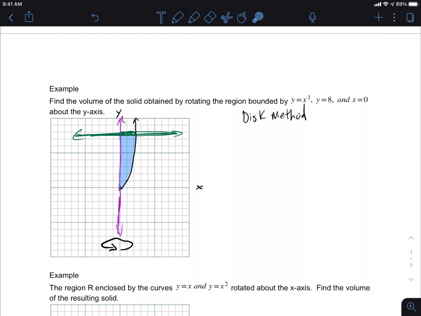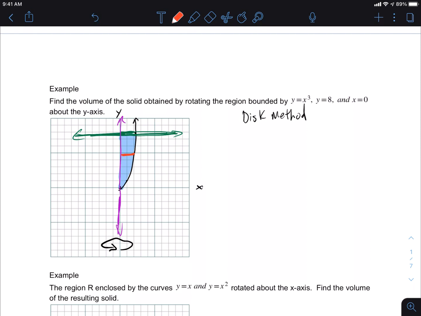Now, because my rotation is about the y-axis, and I'm doing cross-sectional slices that are perpendicular to the axis of rotation, my slice has to be this way. Something important about this: what axis does that cross-sectional slice cross?